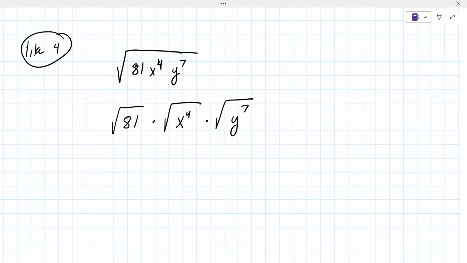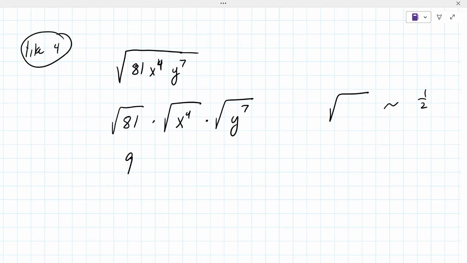Do you remember how to calculate the square root of 81? Square root of 81, 9. So that's just 9. Now, if you remember, that square root symbol really means the 1/2 power.